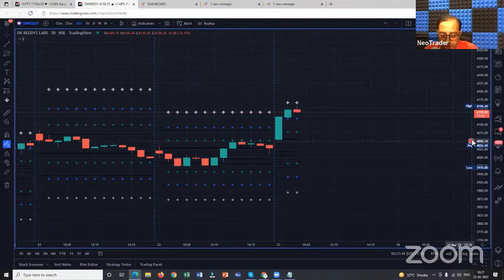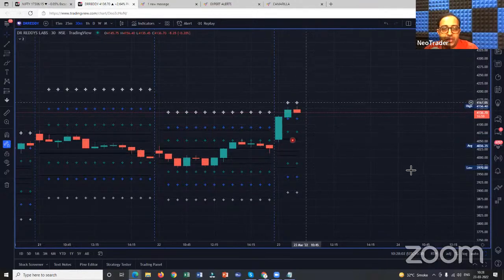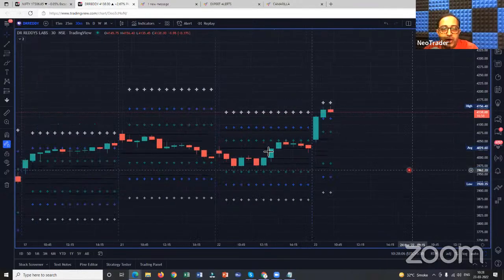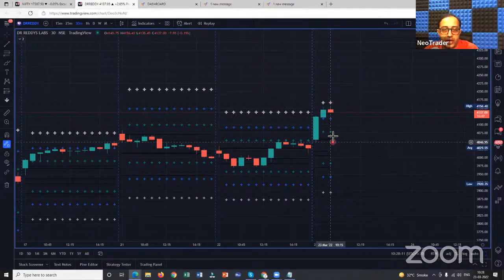So best is wait for a pullback towards H4 and see if there is a revival. But then normally I do not take a trade which has already hit your H6. So this is H4, H5, H6. I hope you got your response.